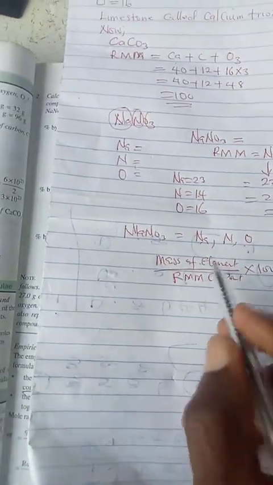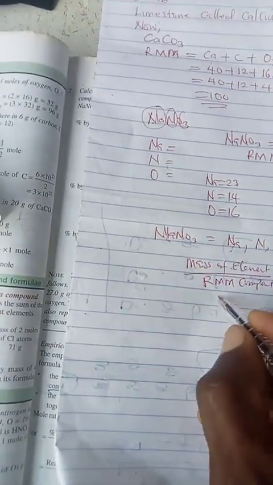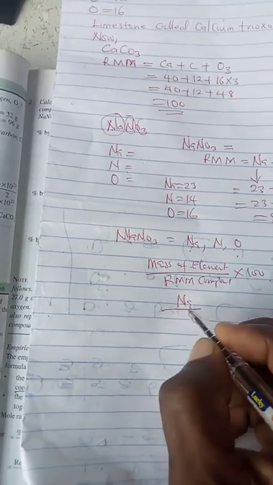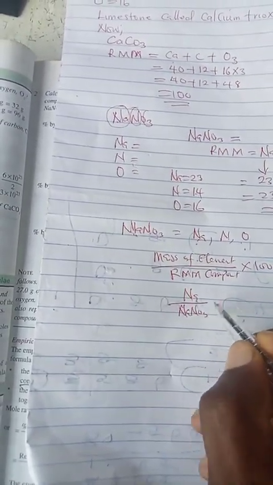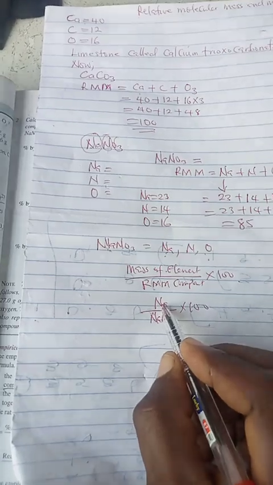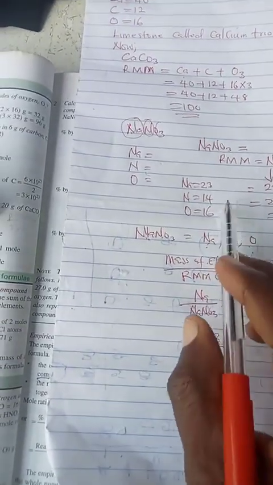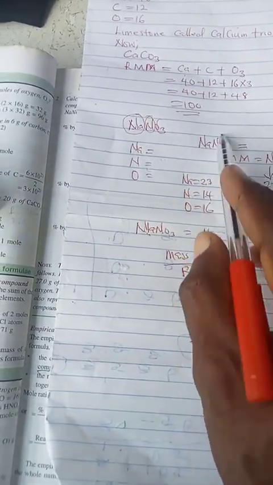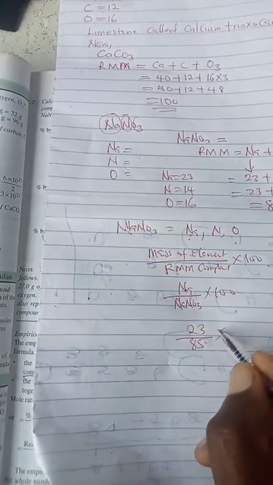Starting with sodium first: sodium over the molecular mass of NaNO3 times 100. Sodium is 23, over the whole compound, which gave us 85, so over 85 times 100.